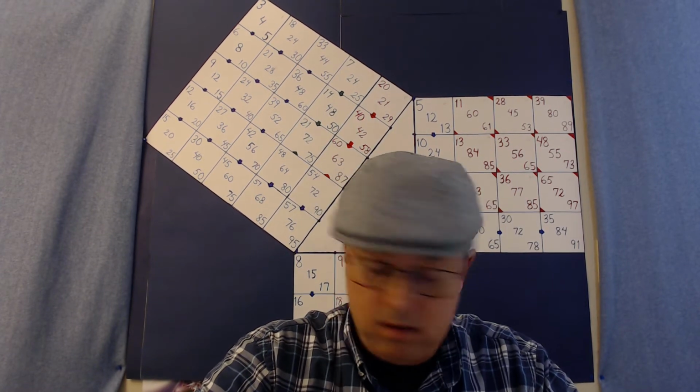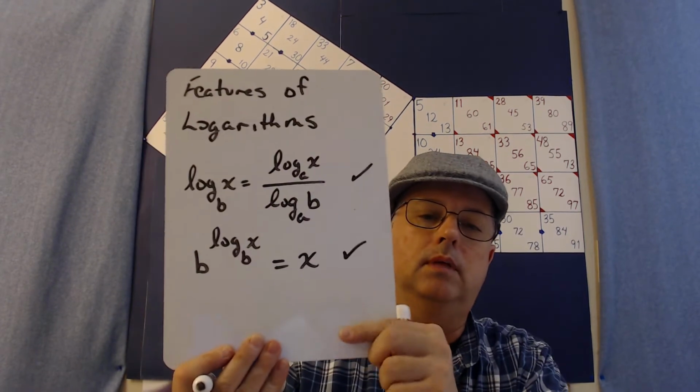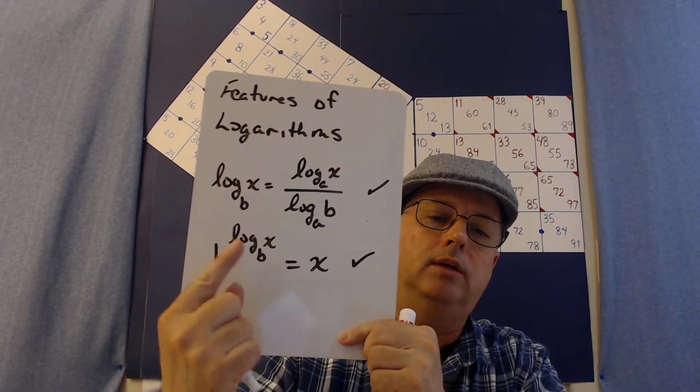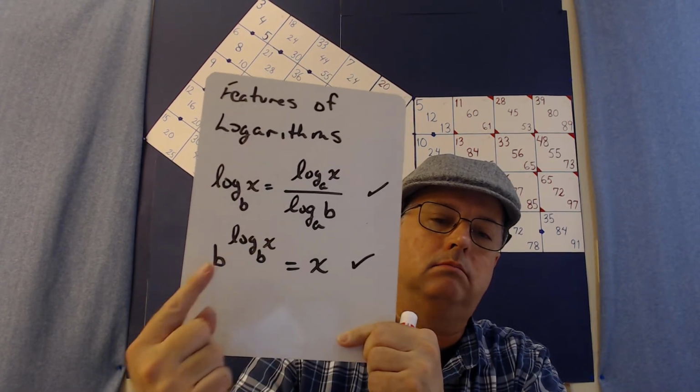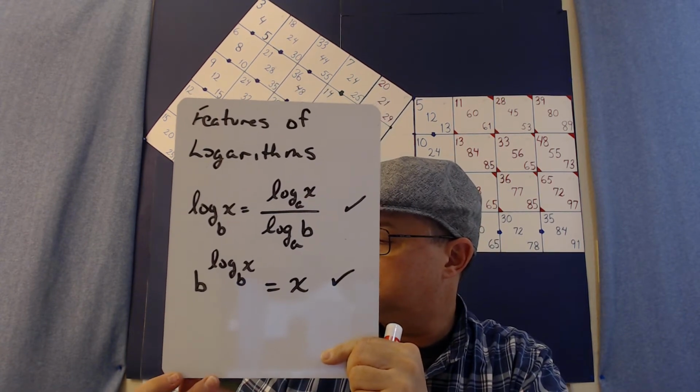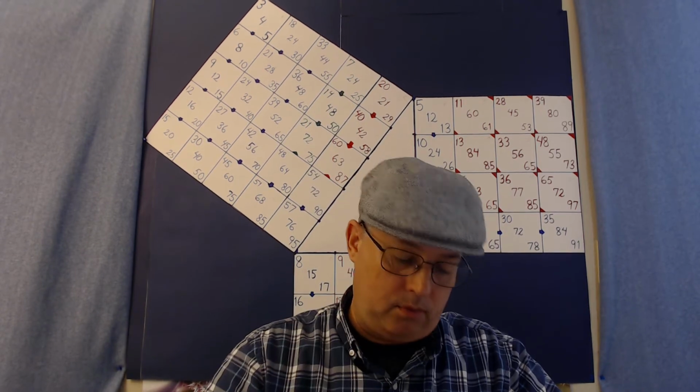And then we have this feature, b to the log base b of x equals x. That's another feature of logarithms, that if we take b and we raise it to the power that makes b become x, then b becomes x. And then we also have another feature of logarithms, that's the reciprocal.